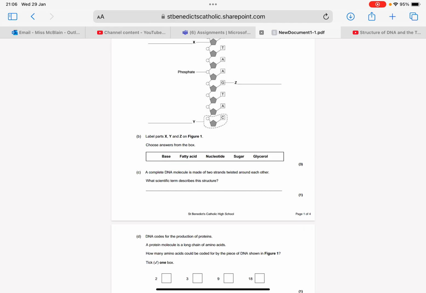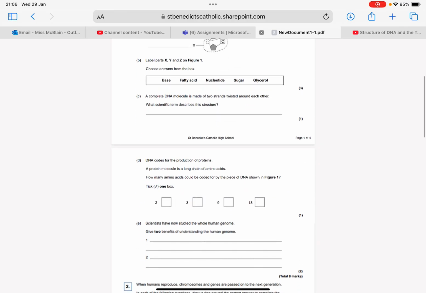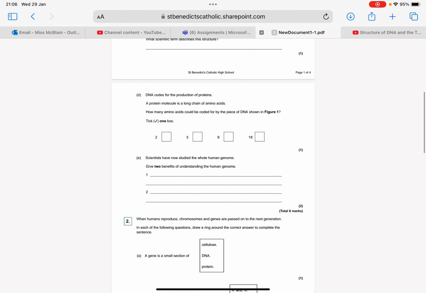Right, the next question, C. What scientific term describes the structure of DNA when it's made up of 2 strands twisted around each other? Begins with a D and an H. Next question, D. DNA codes for the production of proteins. A protein molecule is a long chain of amino acids.